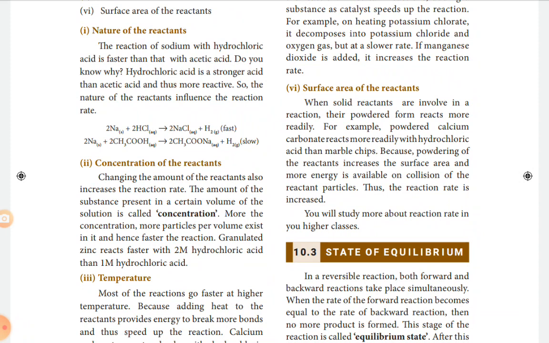See, powdered calcium carbonate reacts more readily with the HCl because calcium carbonate is in three different forms. Already learned, calcium carbonate, the form of marble chips, the form of limestone, chalk, all are calcium carbonate only.